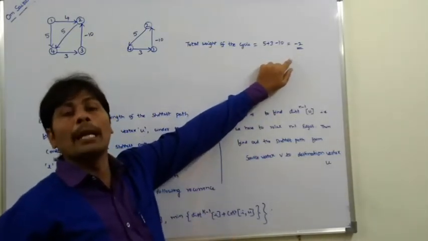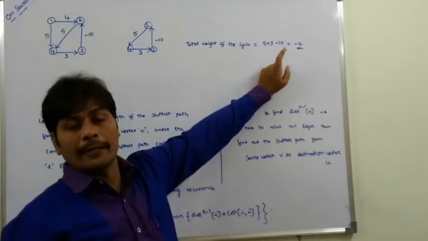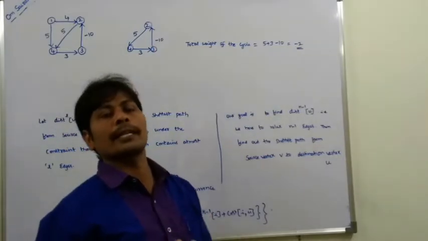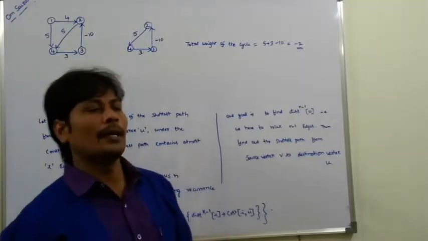So then the Bellman-Ford algorithm cannot be used for this graph to find the shortest path from the source vertex to all the remaining vertices of the given graph.